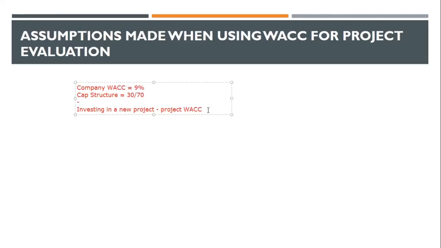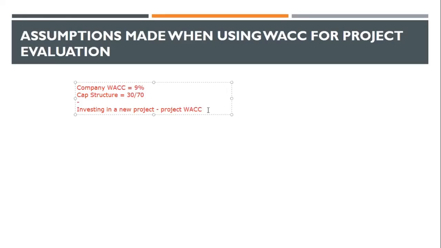We might have to see that in year 1, my WACC is 9%, but in year 2, my WACC might change. In year 3, it might change. Why? Because my yield will change on the bond. My cost of equity will change because of the capital structure. So you cannot assume that your WACC will remain 9% for the rest of the life. So number 1, this assumption is gone.